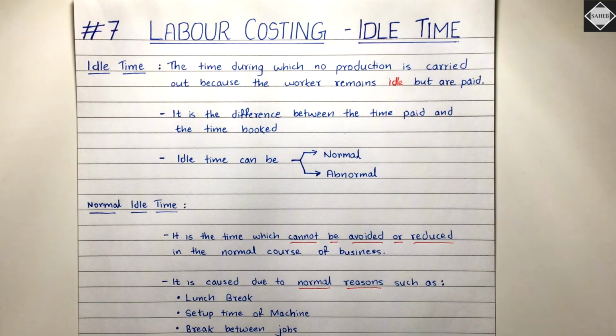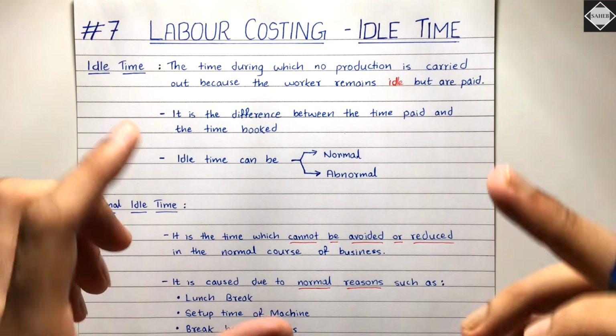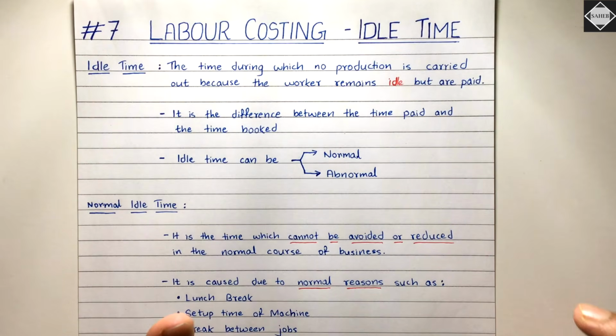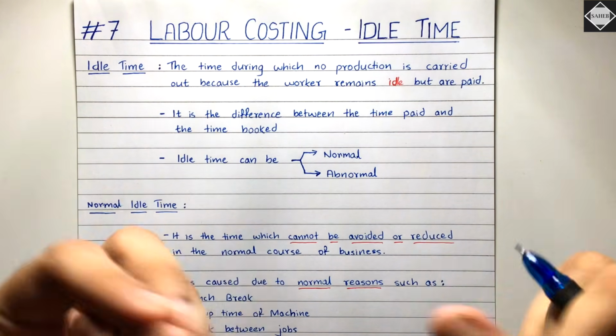So 40 minutes lunch break is there, and 10 minutes, as I said, walking time from gate to plant. And then let's say 10 minutes they require to set up the machinery. In that setting up of the machinery, is any production happening? No, no production is happening. They are just setting up the machinery. So in total, 10 minutes plus 40 minutes plus 10 minutes, that's 60 minutes.